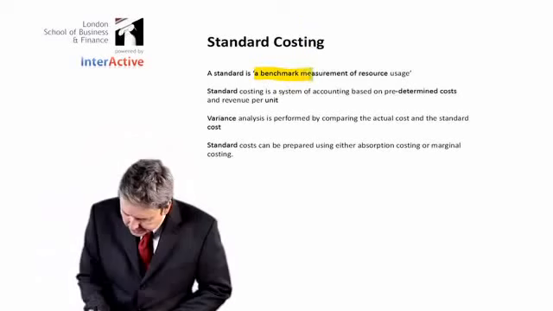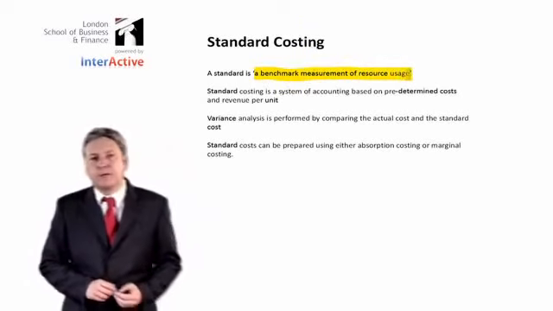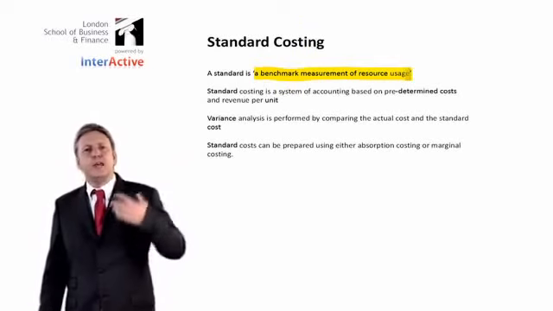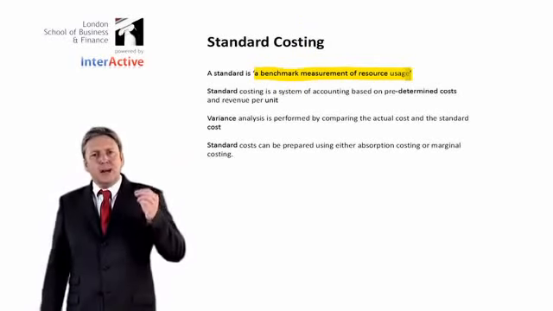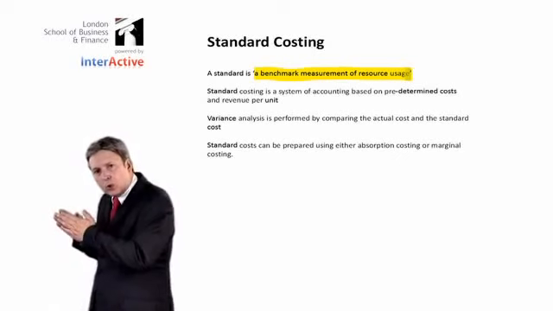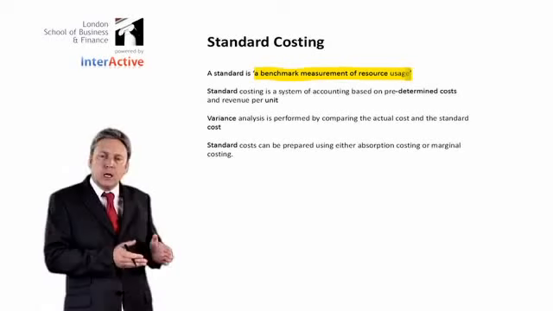we could say a standard is a benchmark measurement of resource usage. What we're saying is that if we're producing a product, we will have to identify what we expect to use of each individual component that goes into the product and the cost of each of those components.